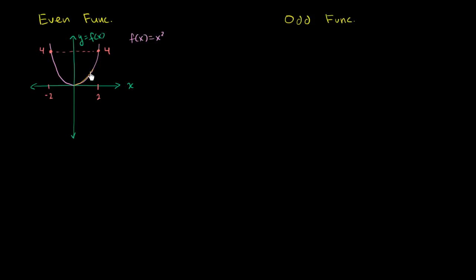And this hopefully makes complete sense to you. You're like, well, Sal, obviously, if I just reflect this function over the y-axis, that's going to be the case. Whatever function value I get at the positive value of a number, I'm going to get the same function value at the negative value. And this is what leads us to the formal definition. A function is even if and only if, so it's even.